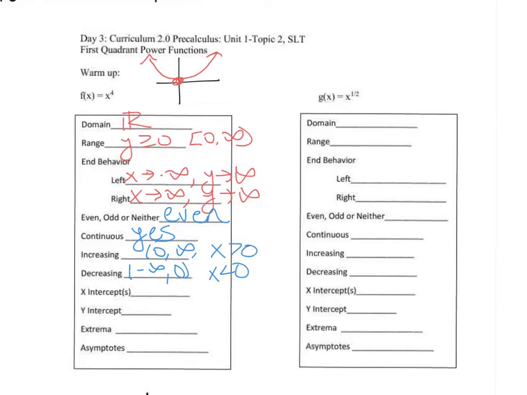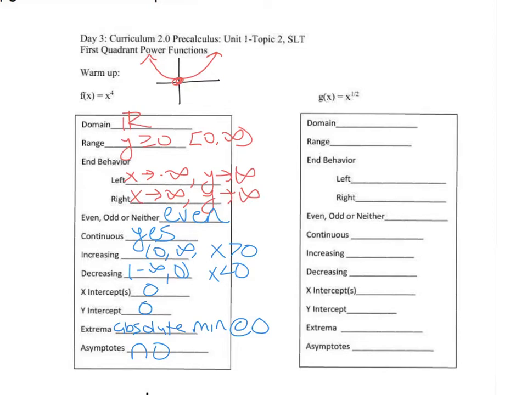The x-intercept is at 0 with the y-intercept of 0 because it's on the origin. There is an absolute minimum at 0, and there are no asymptotes.